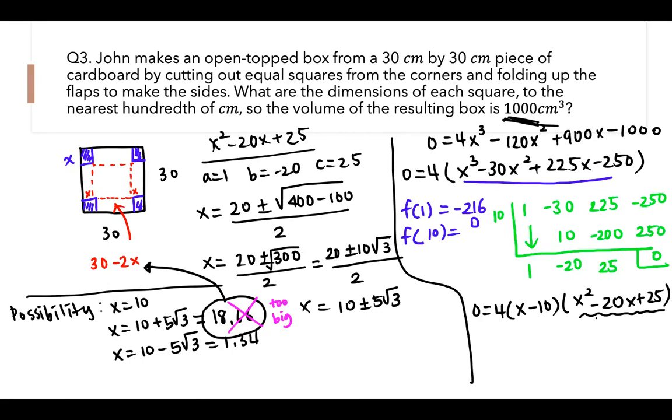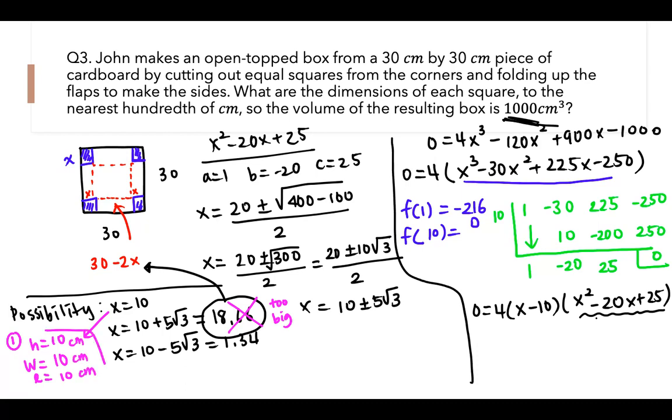And the other possibility is that it could be 1.34 or it could be 10. So if it was 10, so possibility number 1, if the height is 10, my width and the length are going to be 30 minus 2 times 10, which is 10 and 10. So these are the dimensions.